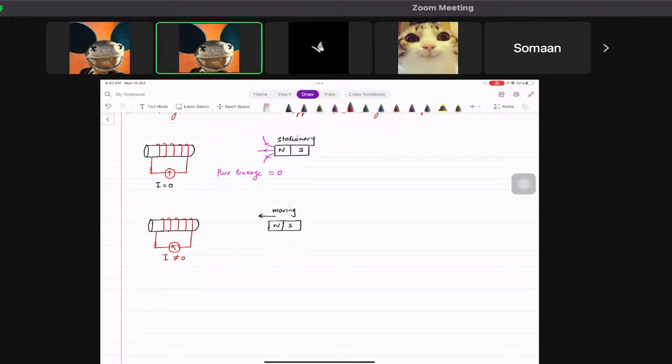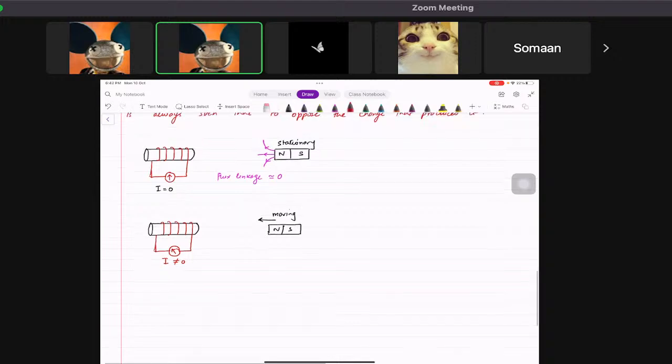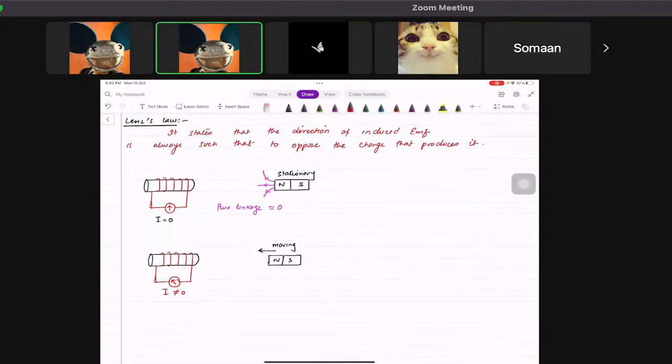So what he said initially, we're going to write here, Faraday observed, number one, when there was no relative motion between the coil and the magnet, no EMF was induced.